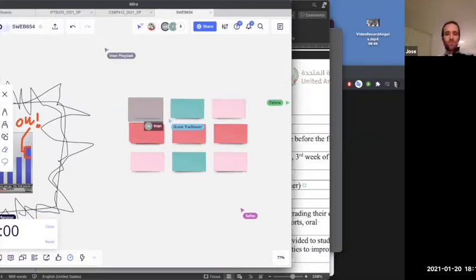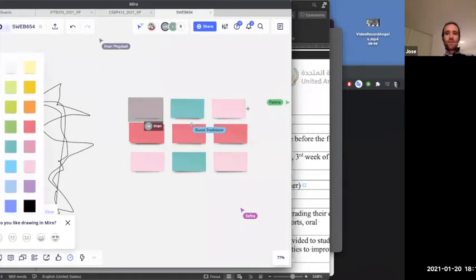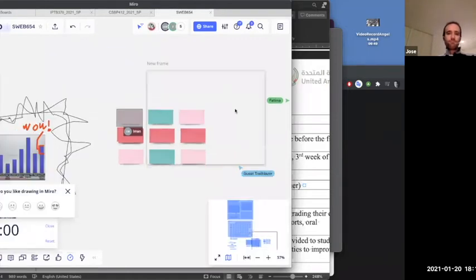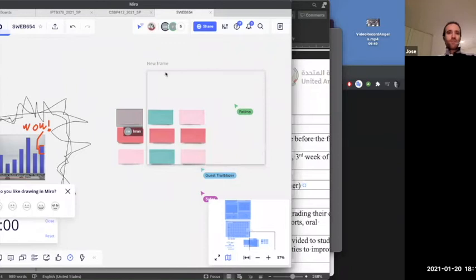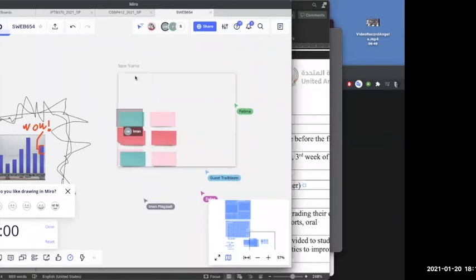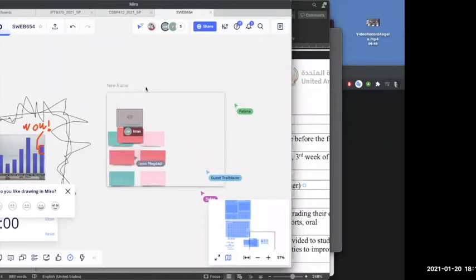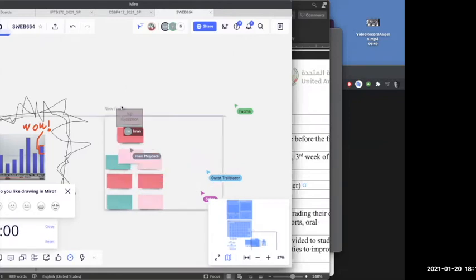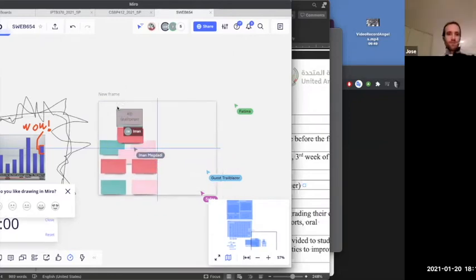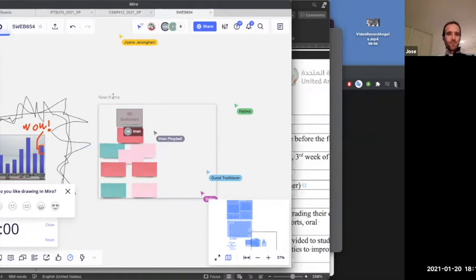Affective computing. Oh, who made the new frame? Just keep it there. I made it. Good. It's a new frame. Wanted skills.